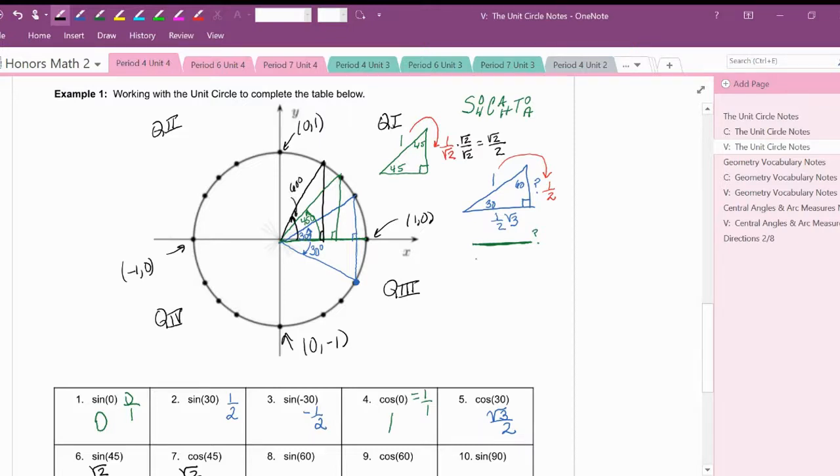If we take that 60-degree triangle out, well, again, we have a 30, 60, 90 triangle, where we know the hypotenuse has to equal 1. Again, we have to get shorty first. So we get this side, which we already have from the previous example. And then we would multiply by the square root of 3.